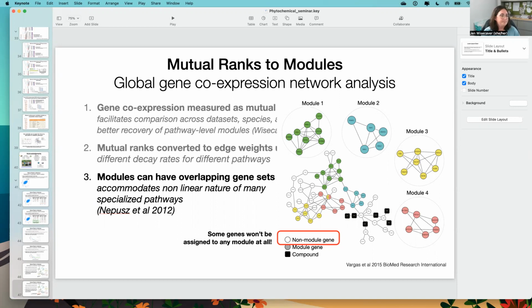If you're going to put me on the spot, I would say more conditions, more tissues, more experiments, etc. The technical replicates are in some ways a lot less necessary for co-expression analysis.